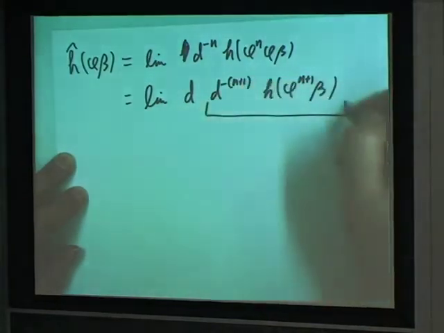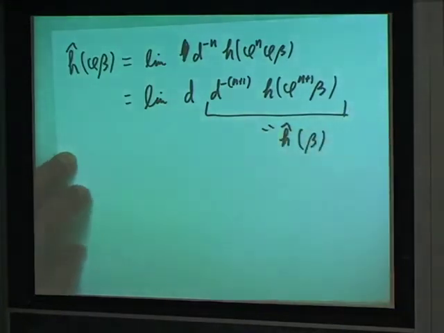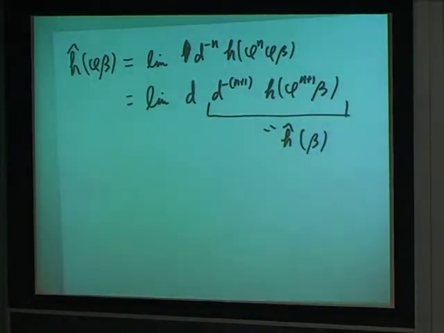But the limit of this is just the canonical height of beta. I've just shifted the index by 1. Okay. In other words, once you know that this limit defining the height of beta exists, part B is automatic.